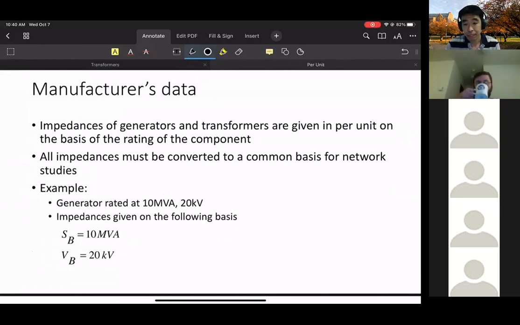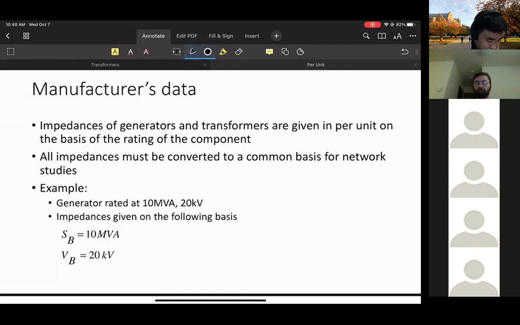So what do you do when you buy a transformer? What kind of values do they give you? When you look at the manufacturer data, you get a data sheet that actually gives you everything in per unit systems.